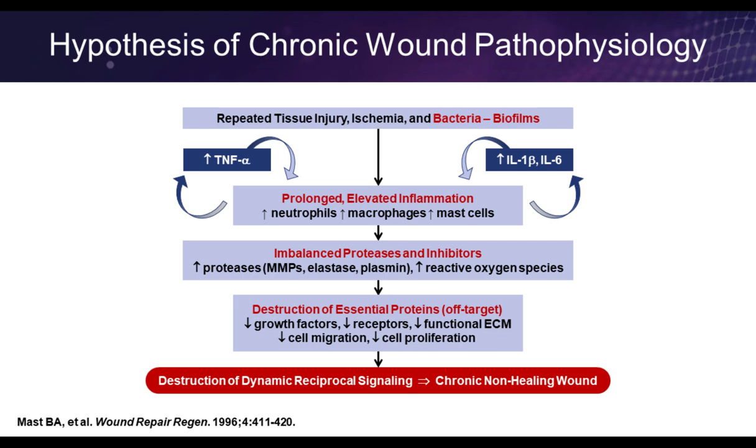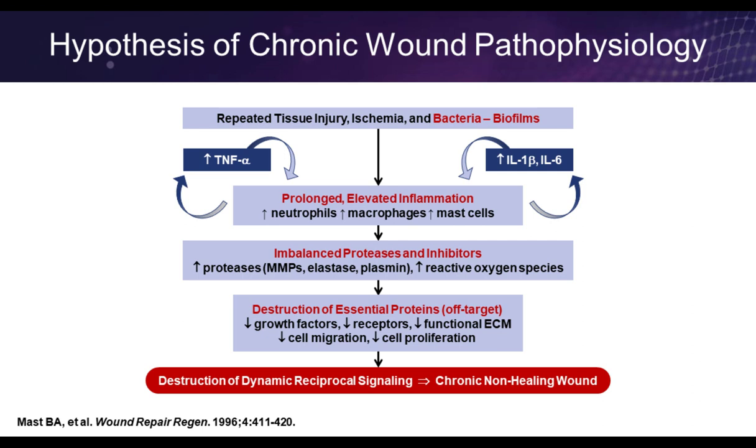We find in acute wound fluids, as I'll show you, low levels of proteases and cytokines, but when we have this repeated bacterial inflammatory stimulus with pro-inflammatory cytokines like TNF, IL-1 and IL-6, this prolongs the inflammatory phase and brings in more and more neutrophils, macrophages, and mast cells, and they do exactly what they normally should do. They activate, they release proteases and reactive oxygen species.